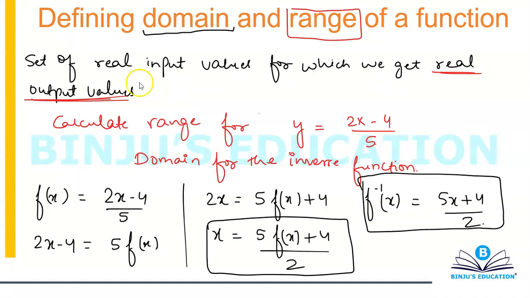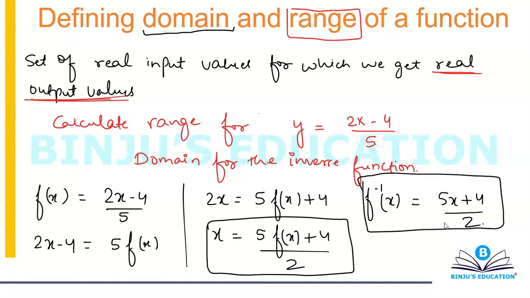If I want to calculate the domain for (5x plus 4) divided by 2, I know that I don't have to worry about anything, because the function is neither in root form nor 1 over something form. It's simply a linear function. Replace x by any value, you will always get a real output. Think of 0, 1, 2, 3, 4, 5, 6, or 0, negative 1, negative 2, negative 3, negative 4, negative 5, negative 6.